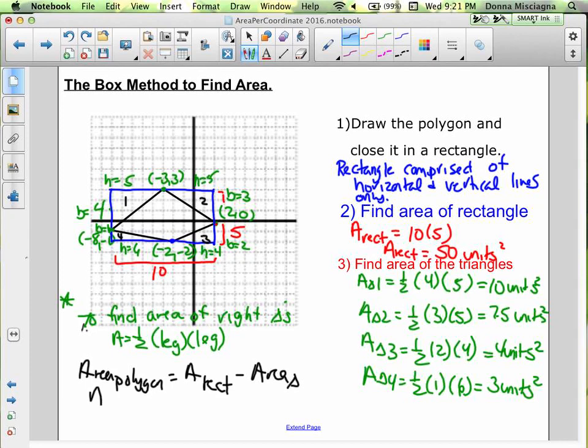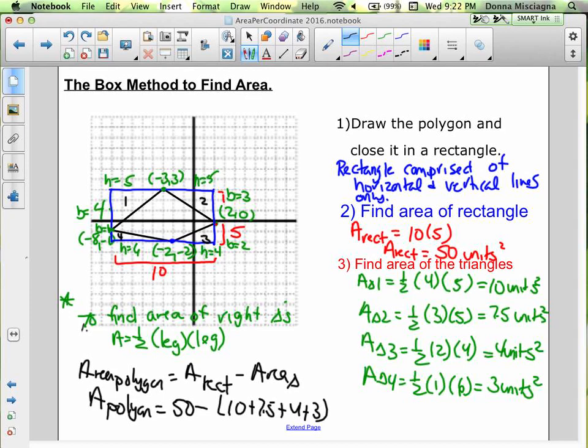So area of our polygon is just 50 minus, we'll just add up all those triangles and subtract. So 10 plus 7.5 plus 4 plus 3. 17.5 plus 4 would be 21.5. Plus 3 is going to be 24.5.